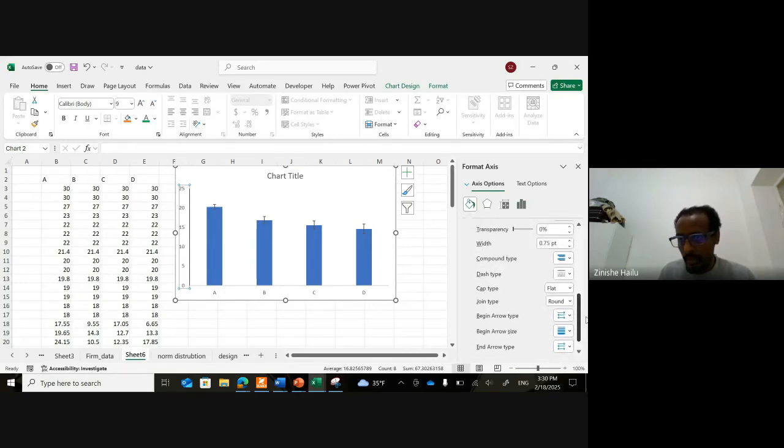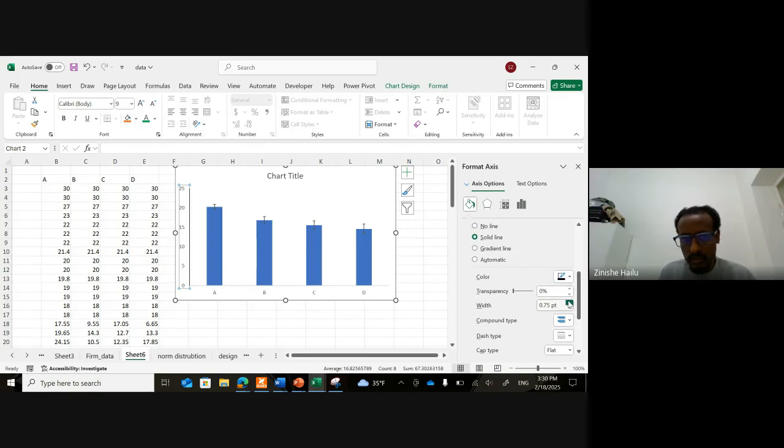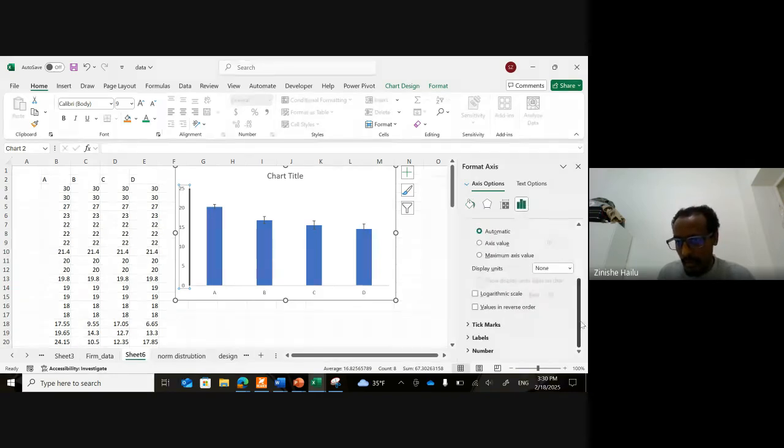Solid line and this in one tick outside.